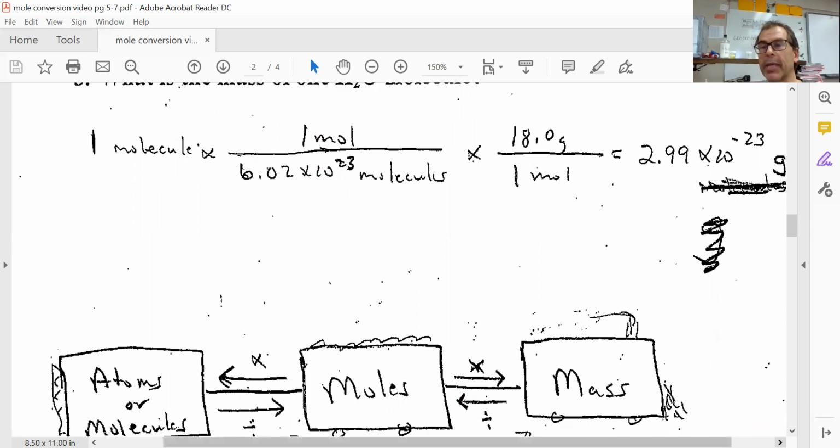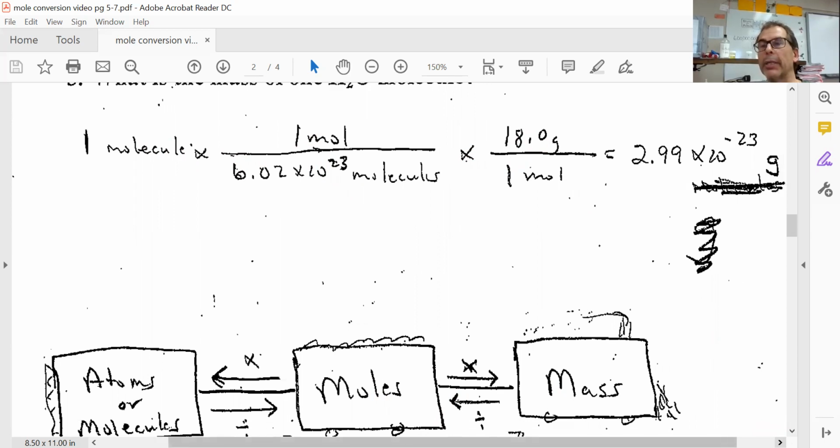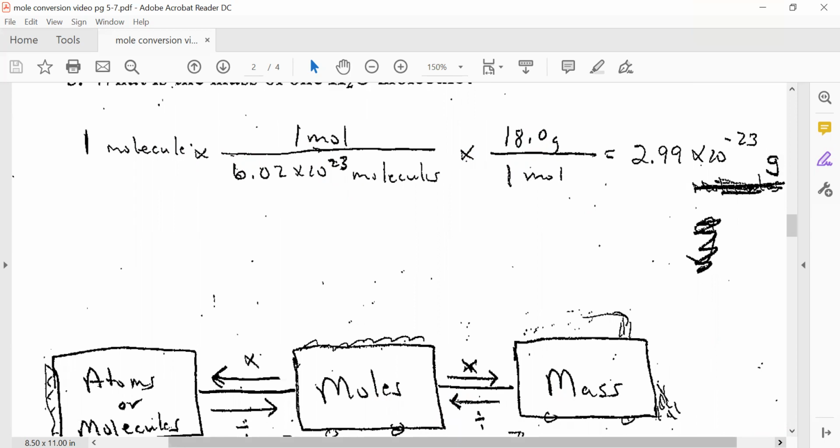Now, what is that going to give me? That's going to give me a really small number. Does that mean this is like 0.00022 zeros, 299 grams? Okay, we don't have a scale that can measure something that small. So 1 molecule is going to be a really, really small amount.